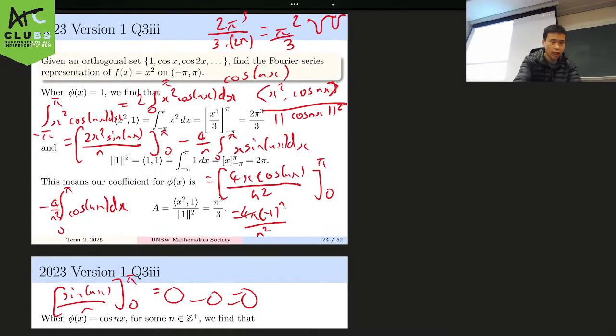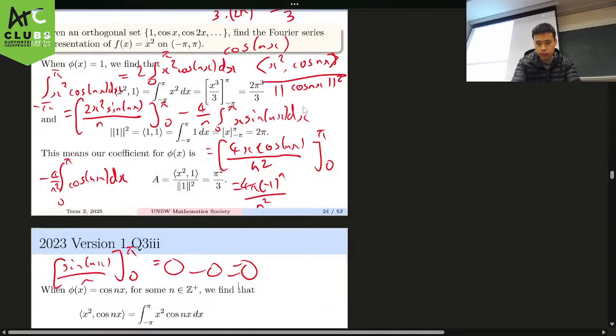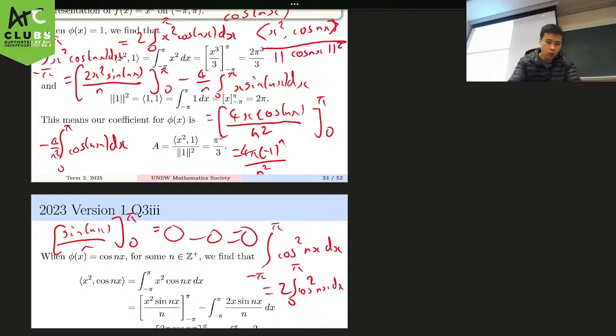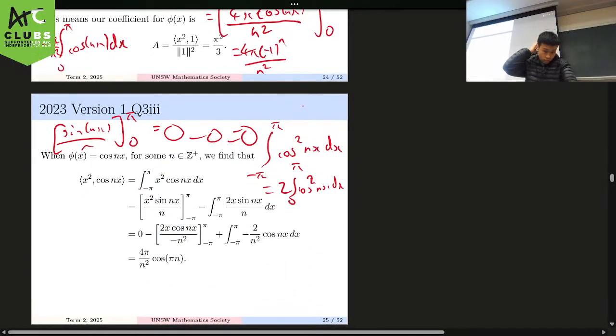And then the next thing you want to do is calculate the norm squared. So we have negative pi to pi of cos squared of nx, so 0 to pi cos squared nx. What we're going to do here is use a trig identity. Essentially this one.